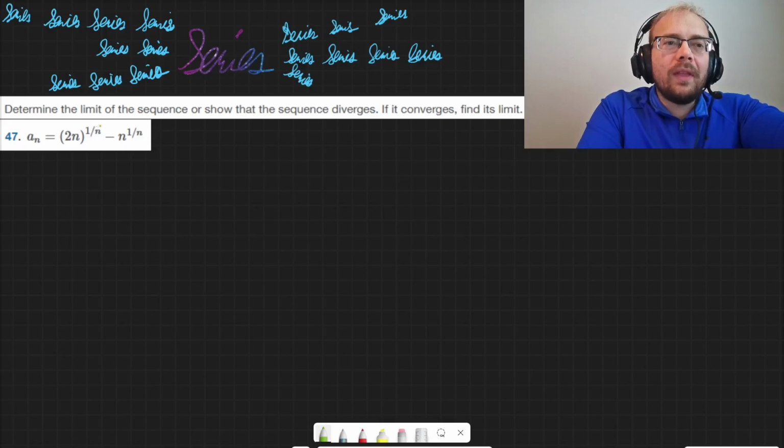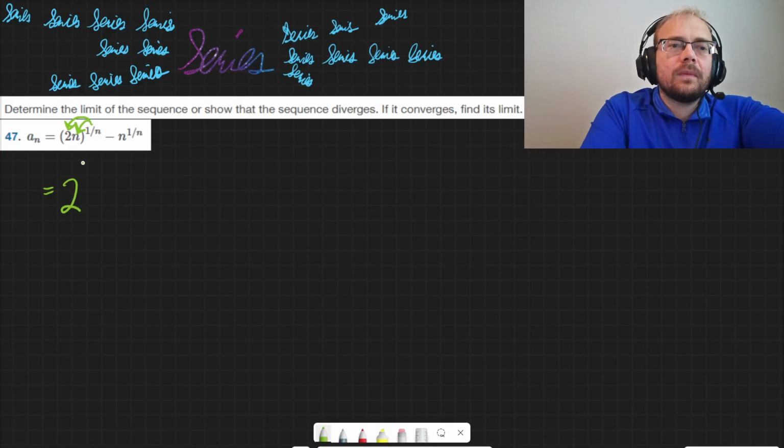But one thing we can do here is, because these are both to the 1 over n power, another way to write this would be if I distribute this power into both the 2 and the n, like that. So that's 2 to the 1 over n power times n to the 1 over n power minus n to the 1 over n power.